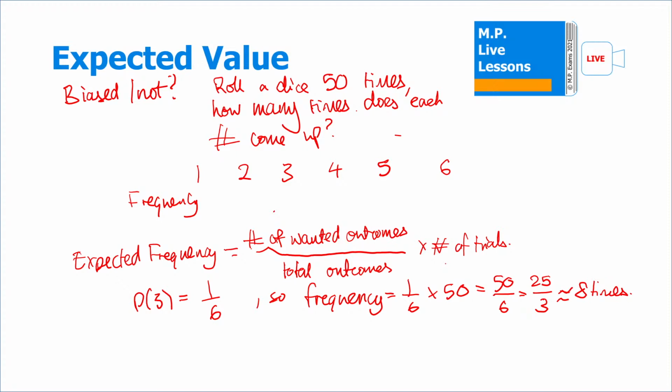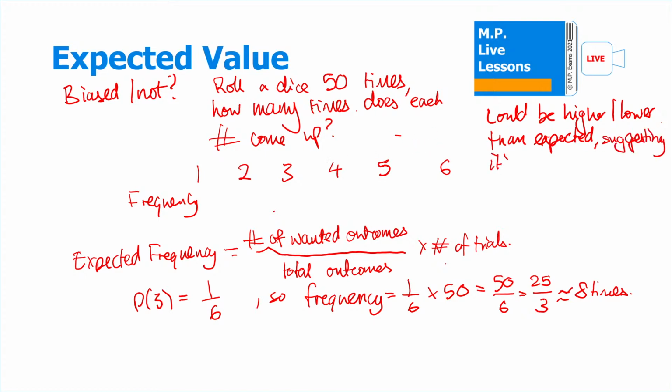However, it can be higher or lower than expected. It could suggest it's biased. However, you could test more, and then the probabilities or frequencies even out.